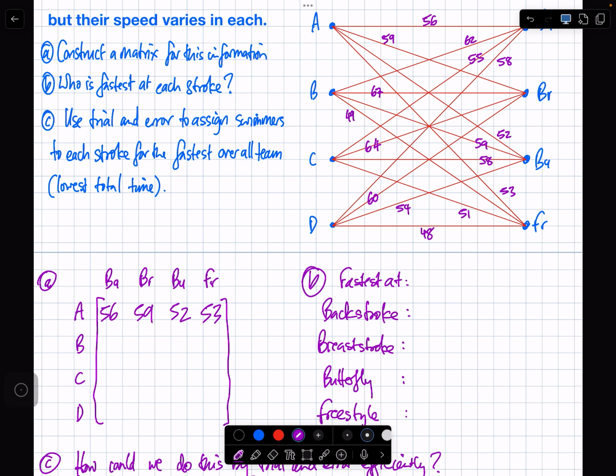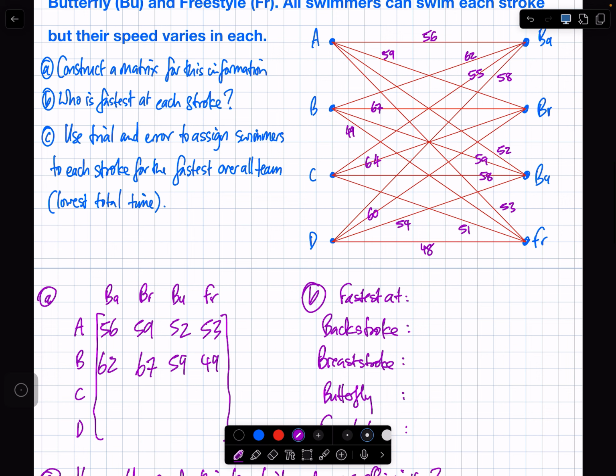B backstroke is 62, B breaststroke 67, B butterfly 59, B freestyle is 49, C backstroke 55, C breaststroke 64, 58, fill them in as I go, 51.